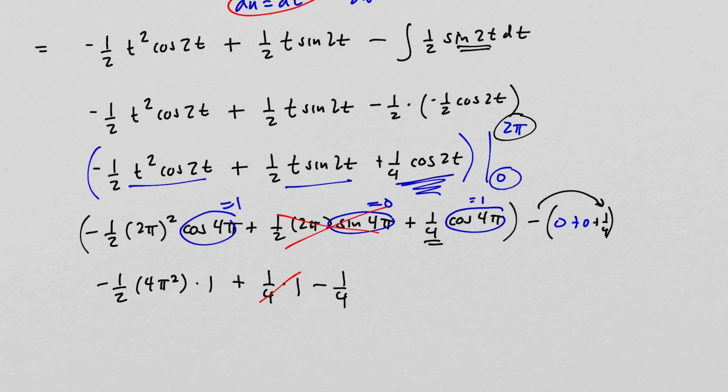So here these cancel out, and we end up getting negative 1/2 times 4 pi squared, which is negative 2 pi squared. And that concludes this video lesson.